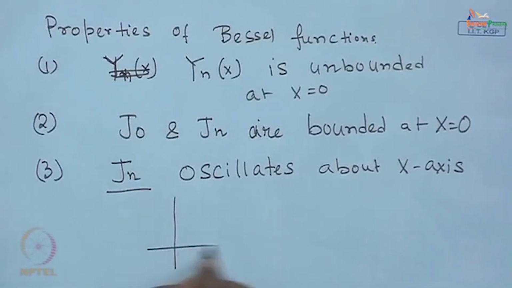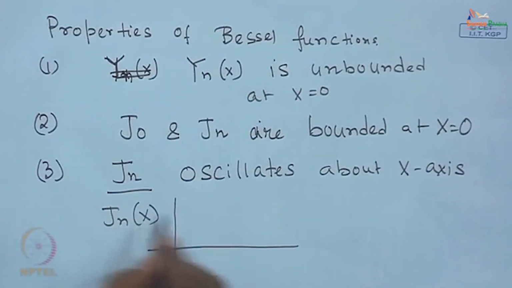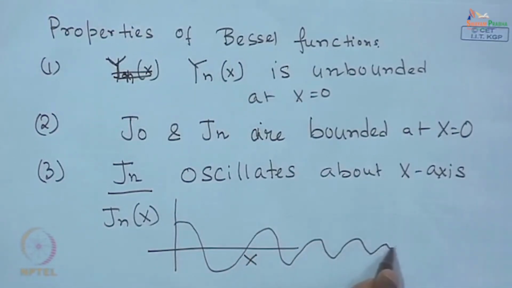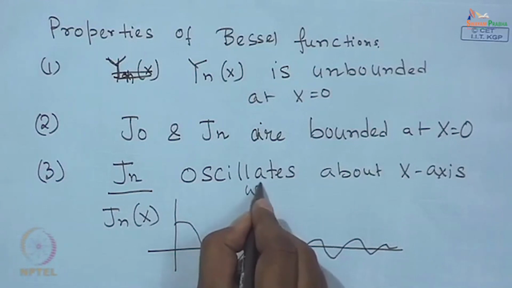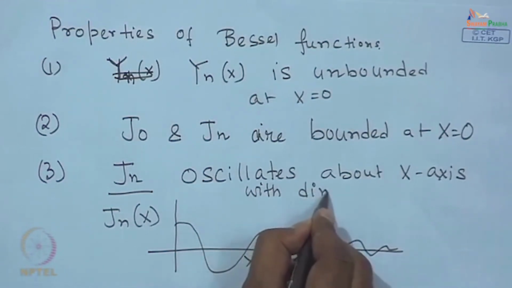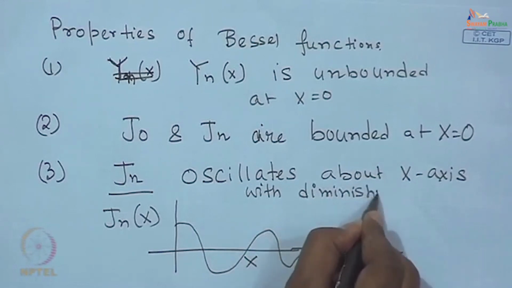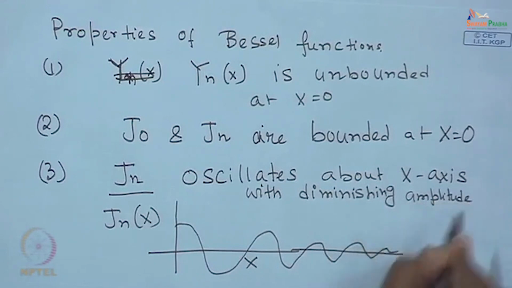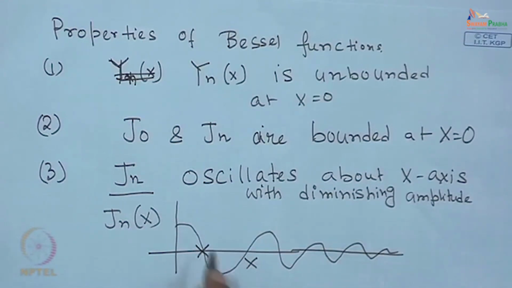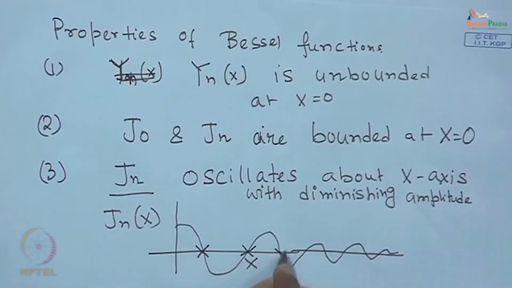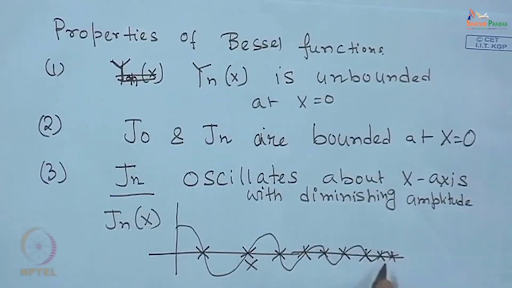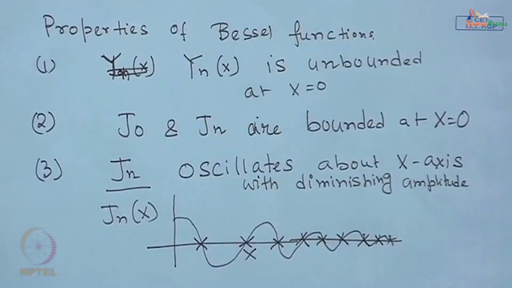So, if we plot J n x as a function of x, it oscillates about x axis with diminishing amplitude. That is important. Therefore, J n x will cross the x axis at several points, and all these points are the roots of the equation or the eigenvalues of the corresponding problem.